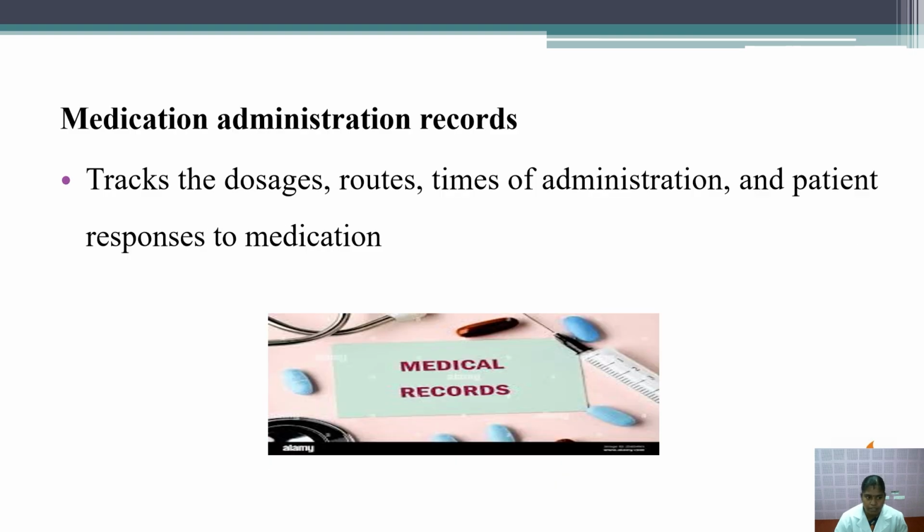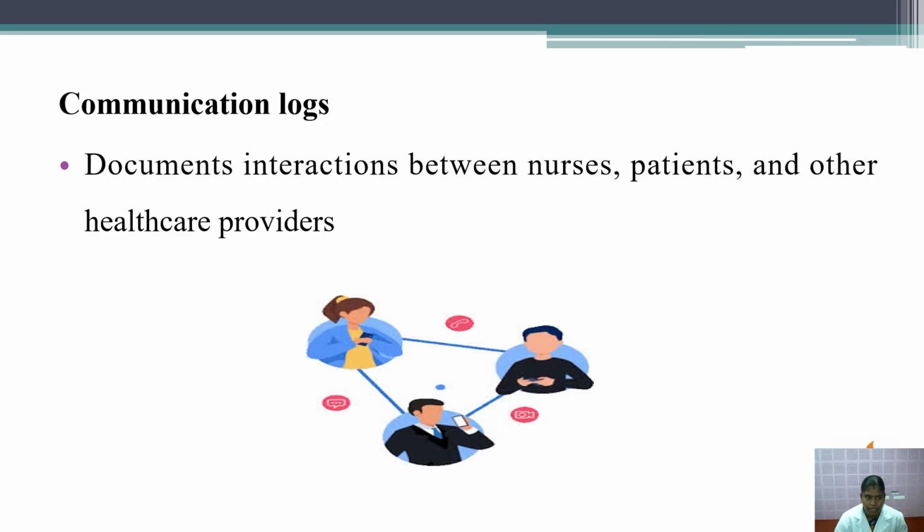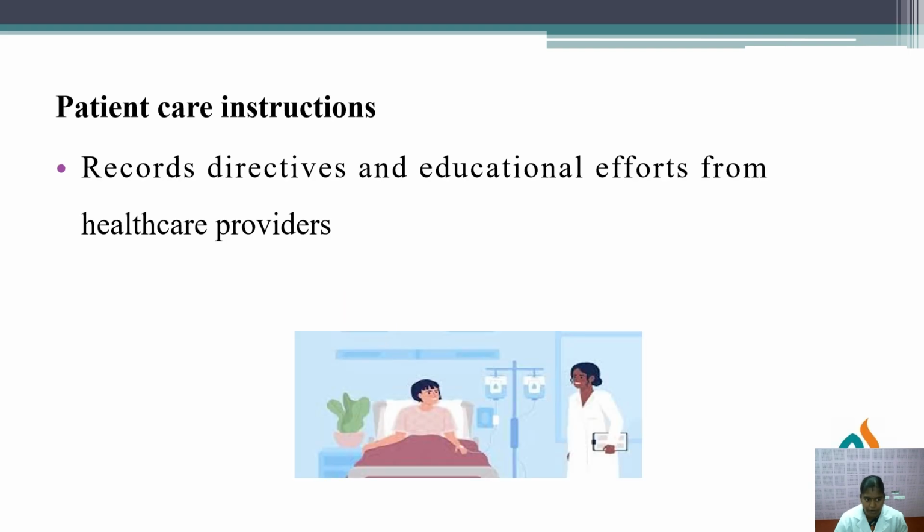And second one is medication administration record. It tracks the dosage, route, time of administration, and patient response to medication. And third one is communication logs. They document interaction between nurses, patients, and other healthcare providers. And patient care instructions.